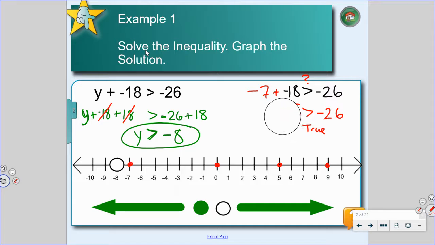Now, if you went to the other side of the inequality, say you tried negative 10. Negative 10 and negative 18 is negative 28. No, negative 28 is not greater than negative 26, nor would this one or this one or this one. Yes, folks, you can always try fractions in the middle, right?